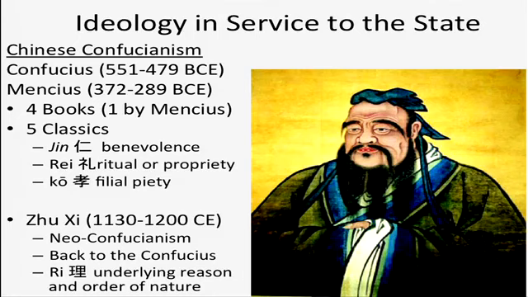His student Mencius continues the process, and together they've written the 4 books and the 5 classics, which are the basis for government theory, if you will, like political theory and political economy in China before the Common Era. These come to Japan and they're influential in ancient Japan in the 600s, 700s, 800s, and they're very influential in that way.